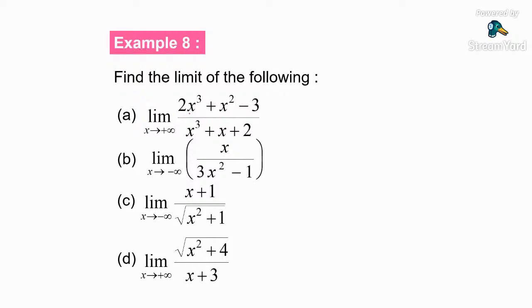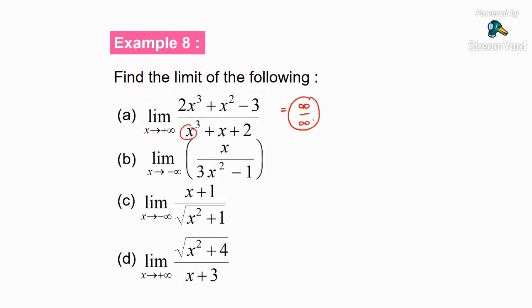So what do you do first? Substitute with infinity. In the numerator, this is 2 infinity plus infinity minus 3, so this is definitely infinity. In the denominator, infinity cubed plus infinity plus 2 is also infinity. So we are going to get infinity over infinity.